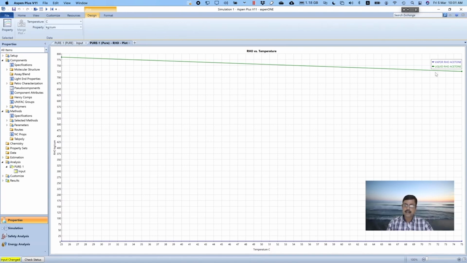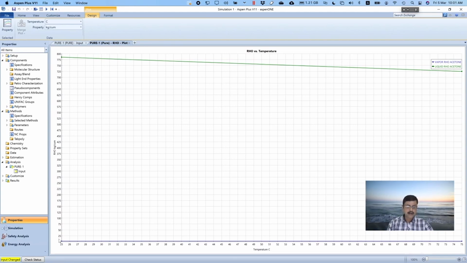So you can see the green line is liquid acetone, that is the liquid acetone density, which is around 786 kg per meter cube at 25 degrees centigrade, and it is 725 kg per meter cube at 75 degrees centigrade. So this is liquid density.